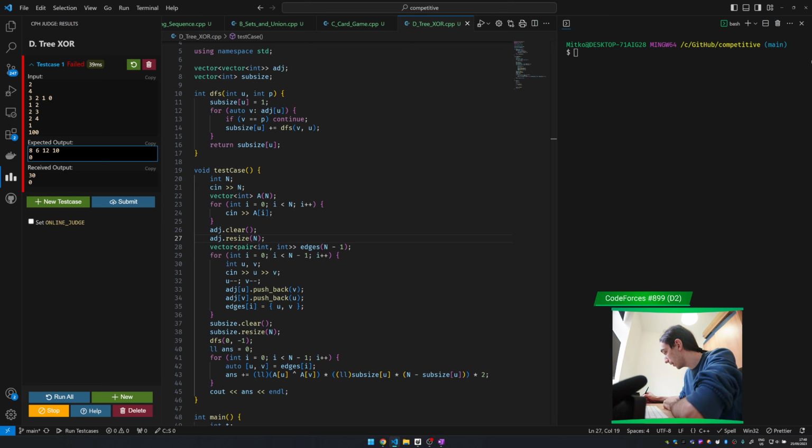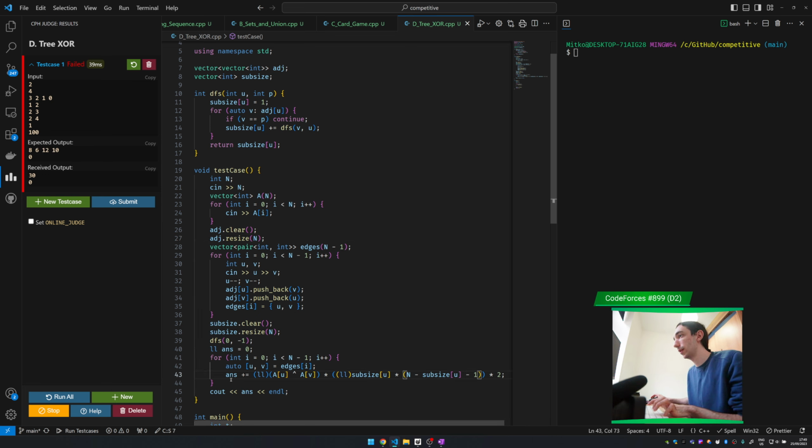So every node, I think -1 here should be the case. But no. This is, wait.